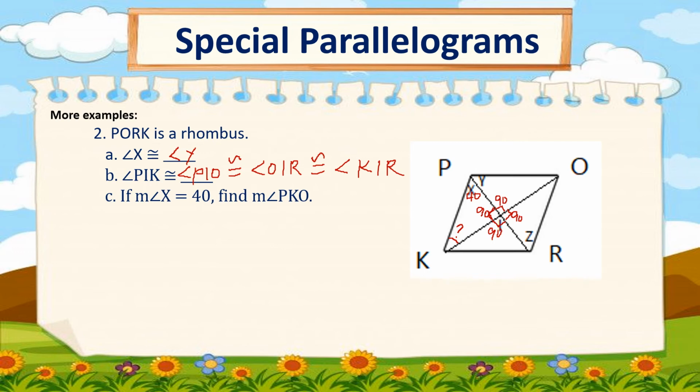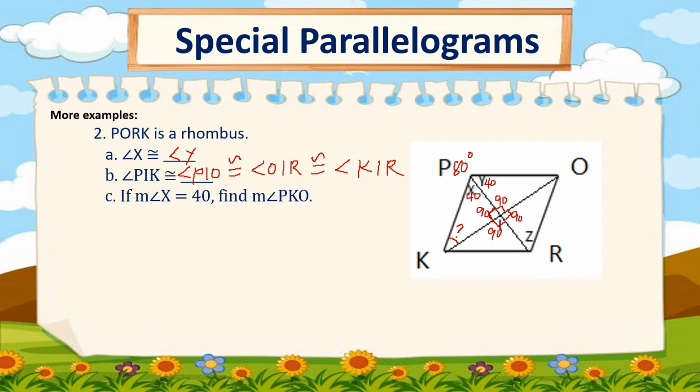We have learned that diagonals of a rhombus bisect opposite angles. So if angle X is 40, angle Y is also 40, then angle P measures 80 degrees. Opposite angles of a parallelogram are congruent.